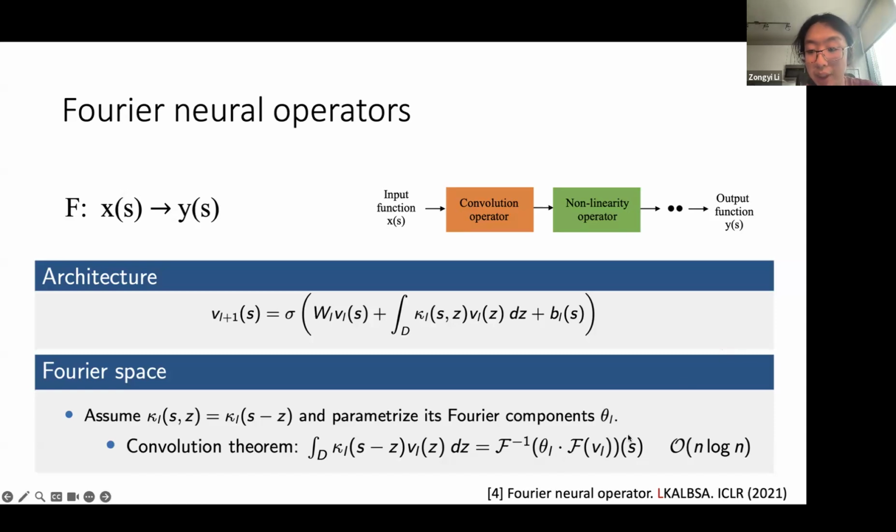So given the inputs, we first do a fast Fourier transform, then multiply by a weight, which is theta, our new kernel here, and then we do the inverse Fourier transform. It is very scalable. We only take n log n complexity in contrast to the plain n squared complexity. And it is very generic, especially for smooth PDEs.